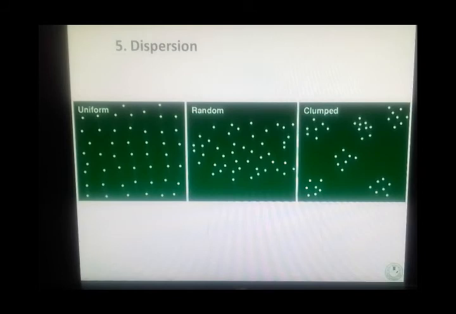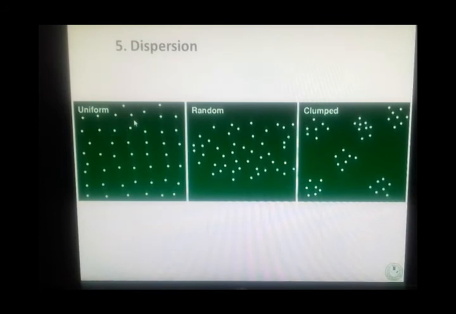Now, dispersion. This is more statistical in nature. I hope that in statistics courses you have gone through different types of distribution, like uniform distribution, random distribution, and clumped distribution. So you see here are the different individuals of the population.